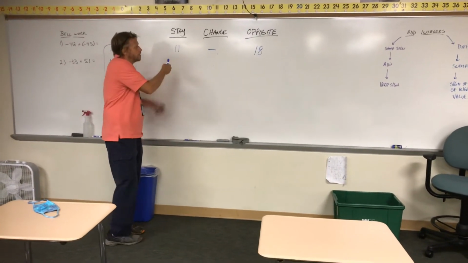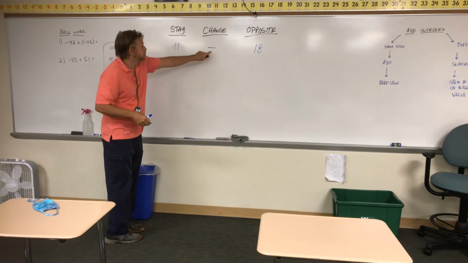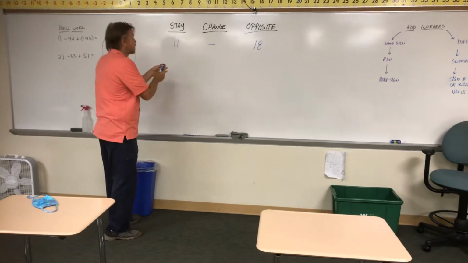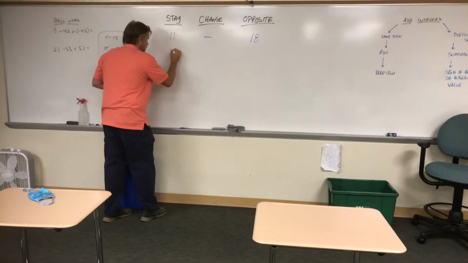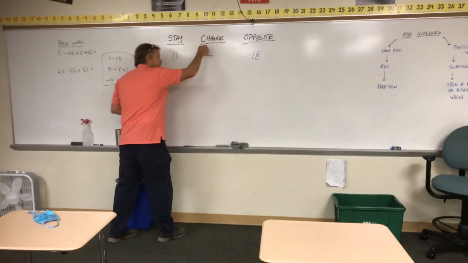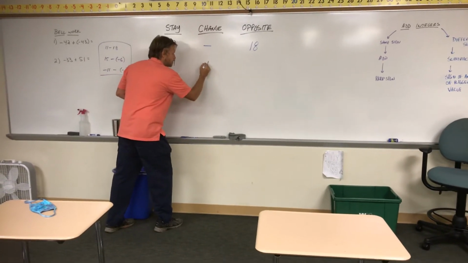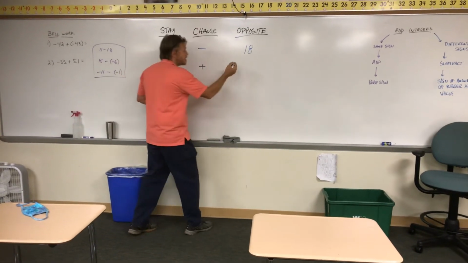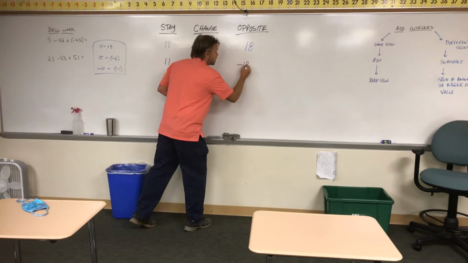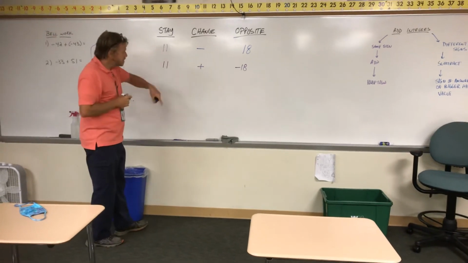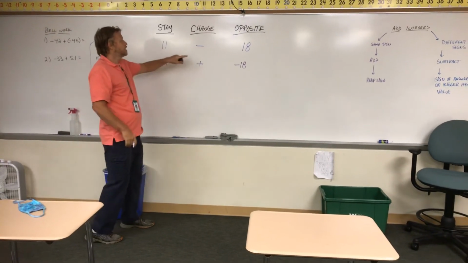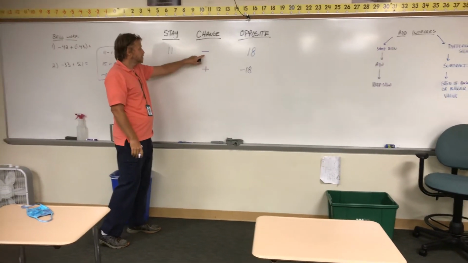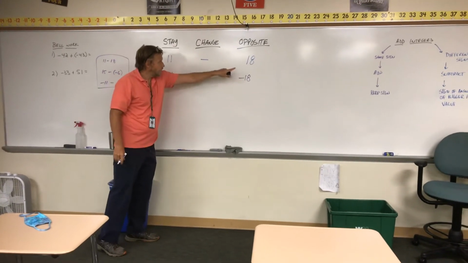Same thing here. Remember, stay, change, opposite for subtraction. So we keep the 11, change the subtraction to an addition problem, plus, and then what is the opposite of 18? -18. So this really becomes 11 plus -18. Math people call it adding the opposite.